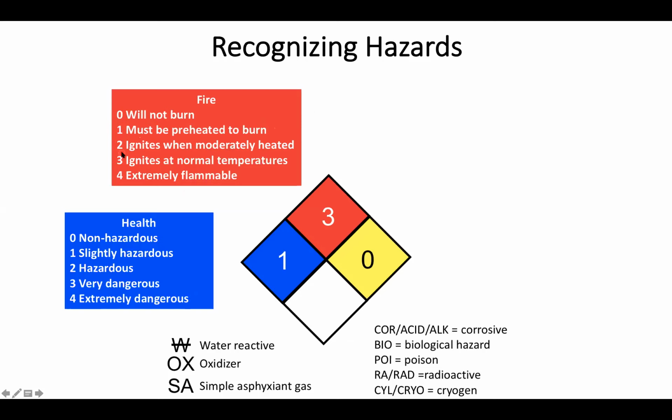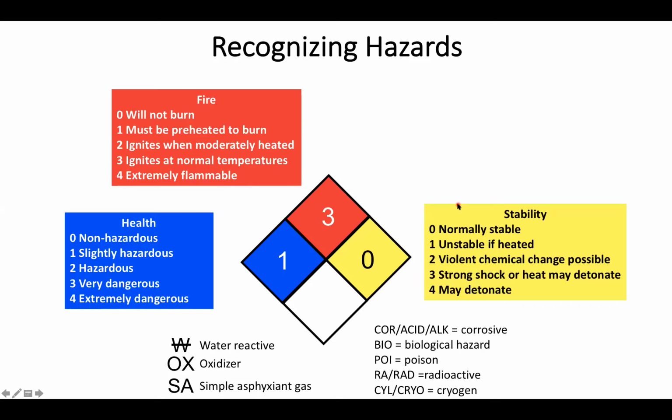And again, 2 is where you're going to run into species that may actually start having respectable auto ignition temperatures, as well as probably a flash point below room temperature. And again, 3 guarantees that you have a flash point below room temp, which it turns out ethanol does. So at room temperature, an ignition source will ignite. And then 4 means watch out. It's going to ignite at the drop of a hat.